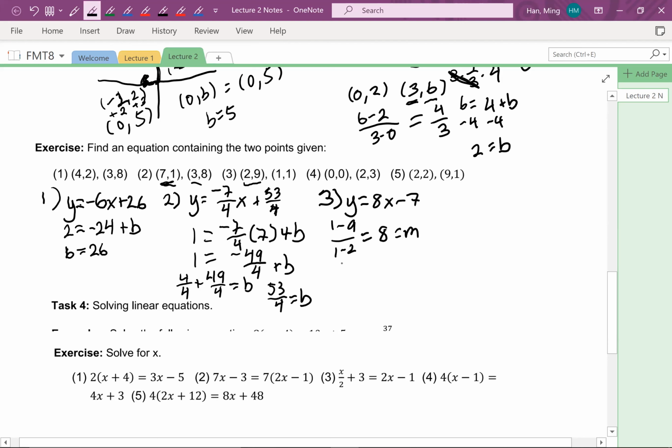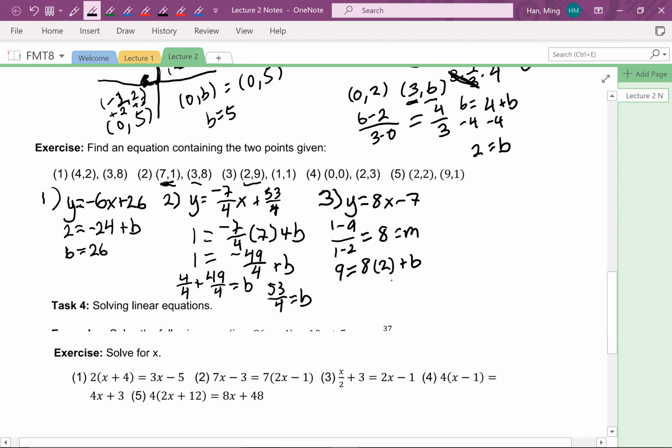How do you say the points? Well, you can just call it 2, 9. So you substituted in the x value and the y value from 2, 9. Yeah. Is that okay? I don't know how to explain this.